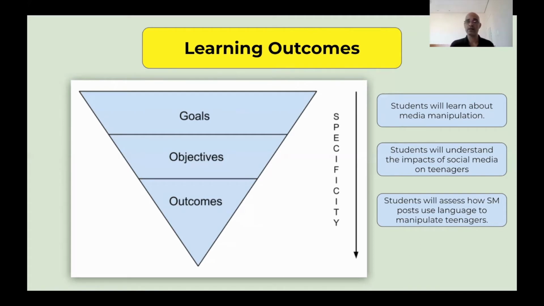And that's how the outcome differs from the objective. And the objective differs from the goal in that it adds social media as a more specific element, and it adds teenagers as the target of that impact. So notice how clear we get as we go down the list.